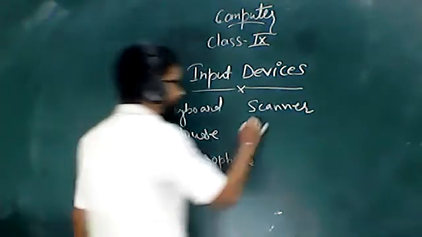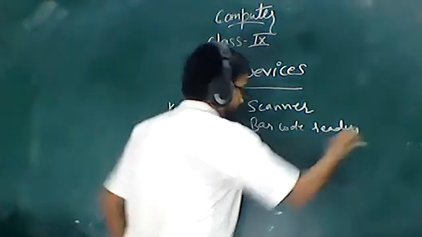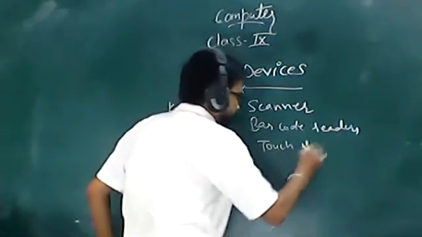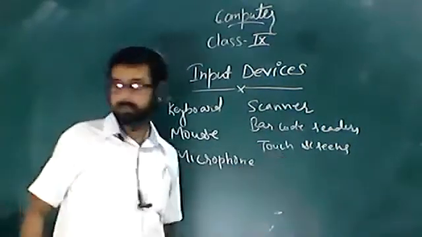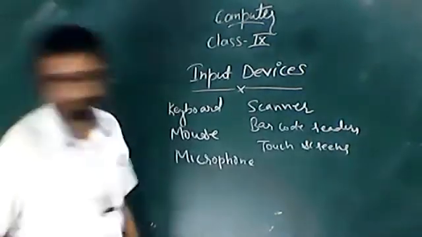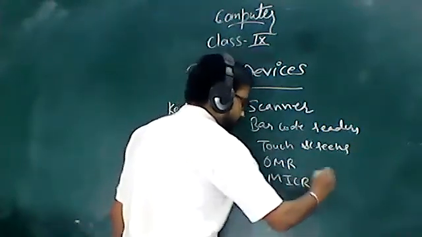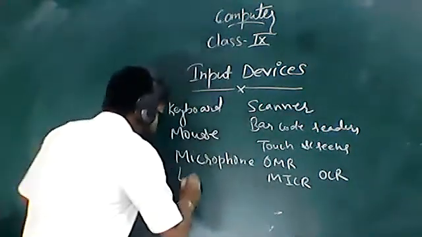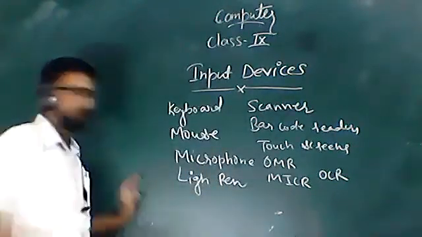Barcode readers, and touch screens, all types of touch screens, are also examples of input devices. Other input devices are OMR, MICR, OCR, and one more input device is the light pen.